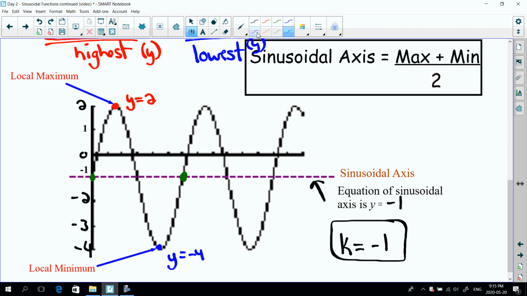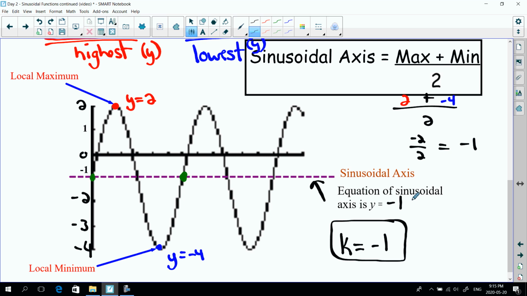Halfway between the two, we take our max and our min, we add them together and we divide by 2. So max was 2, min was -4. Add those together: 2 plus -4 is -2, over 2 equals -1. Notice where the sinusoidal axis, the horizontal line that cuts the graph in half, I drew it at a y value of -1.